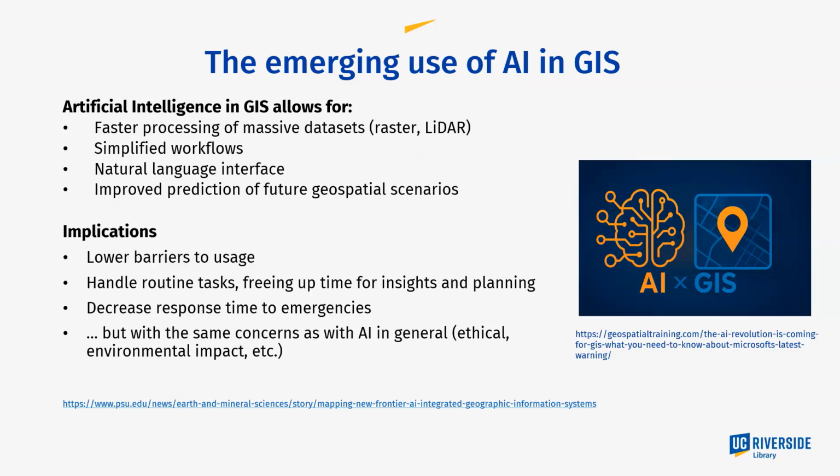The faster we get out there, the better. But all of that comes with the same concerns as you've been hearing about folks having with AI in general, such as there are some ethical concerns, there's environmental impact of using AI, and so forth. So we are just right on the cusp of this really breaking out into being a very big deal for users of GIS. We are not quite there at this present moment, though.